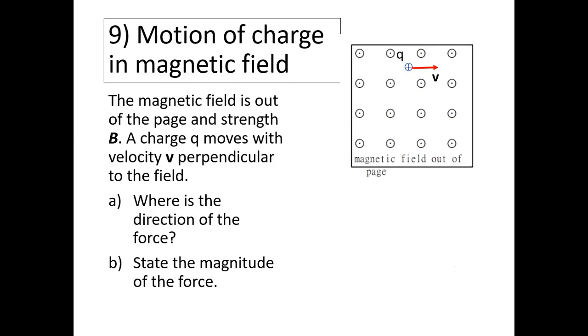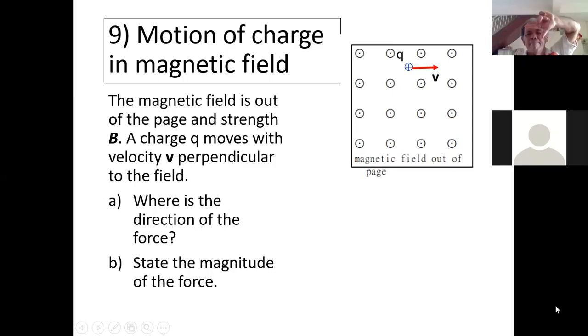Okay, motion of charge in magnetic field. Magnetic field is right out of the page. That's the motion of positive charge. Move perpendicular to the field. Where's the direction of the force? There's your current direction.